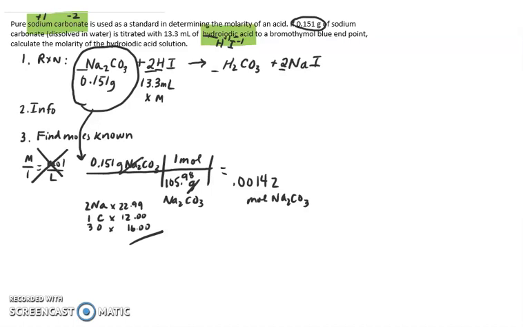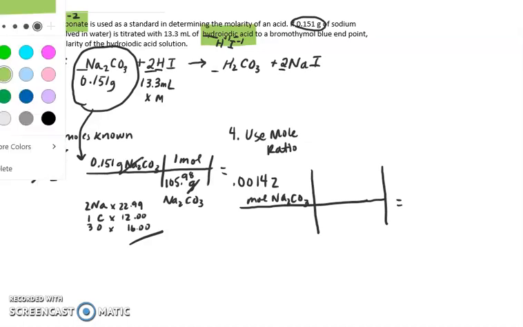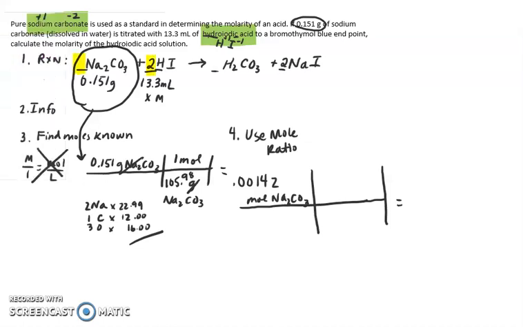Okay, so step 1 was reaction. Step 2 is to write down information. Step 3 is to find my moles of known. I just did that differently this problem because I was given grams. Step 4, if you look back at your notes from yesterday, is to use the mole ratio. So now I'm going to just set up another bracket. By using the mole ratio, what I mean is we look up at the balanced reaction and we look at these numbers out front. That's what the mole ratio is.